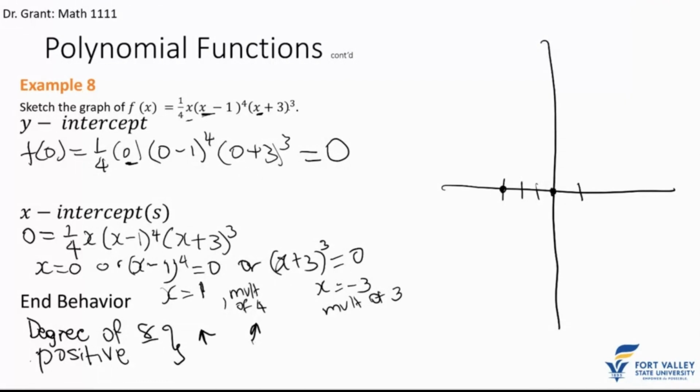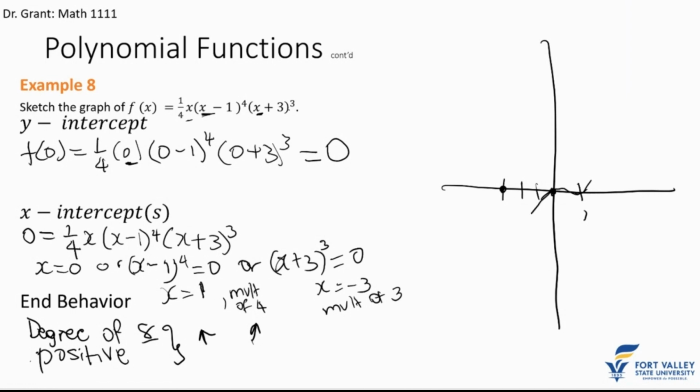So let's see what's happening here. Since we're at -1, for x equals -1, we have a multiplicity of 4, which is an even multiplicity. If it's an even multiplicity, it's going to bounce. But this is supposed to go through 0. 0 has a multiplicity of 1, so it goes like so.